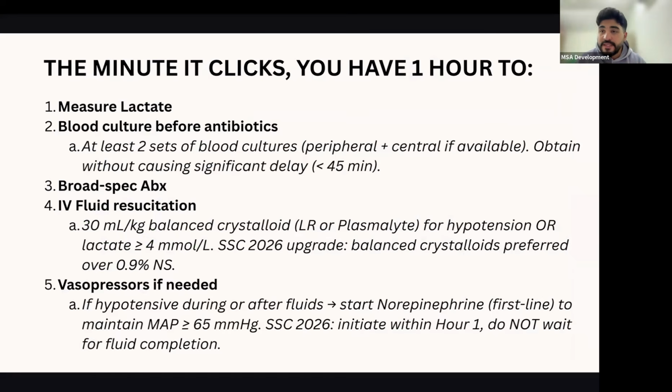So you will give them lactated Ringer's, all right, if they were hypotensive or if their lactate levels were high. You give 30 milliliters per kilogram, and then you will give vasopressors if they're persistently hypotensive after the fluids. So you'll give norepi. Norepi is your first line. Why? Because you want to maintain the mean arterial pressure at 65 or above.